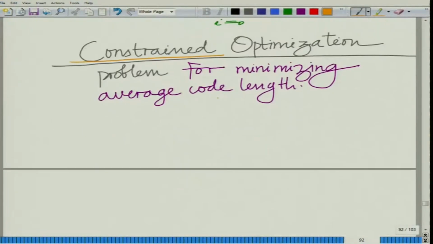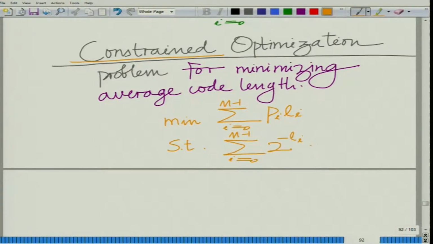And what is the optimization problem? It is to minimize the average code length, which is summation i equal to 0 to M minus 1 of pi Li, subject to the constraint, which is the Kraft inequality, summation i equal to 0 to M minus 1 of 2 to the power of minus Li less than or equal to 1.